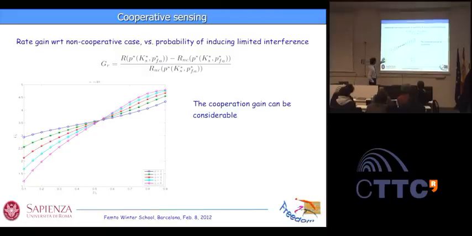This function g is plotted as a function of the probability p0, the probability that we don't want to produce any undue interference. You see this is a factor that, with all these values, is always greater than 1. The interesting part of this curve is around 0.9, and we can see that there is a considerable gain just out of local cooperation.